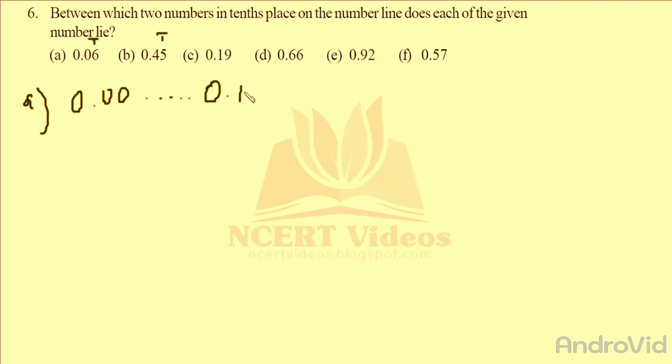This is the range where 0.06 falls. So therefore it means 0.0 to 0.1. That is how we'll do all of them. B part 0.45, 0.40 to 0.50.